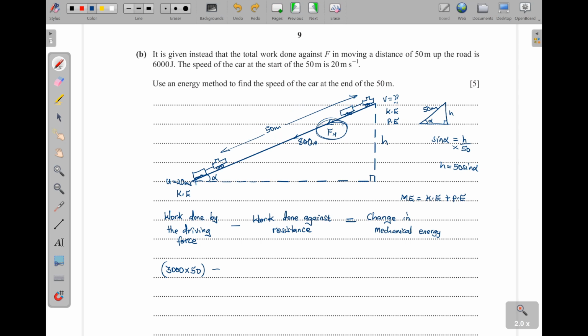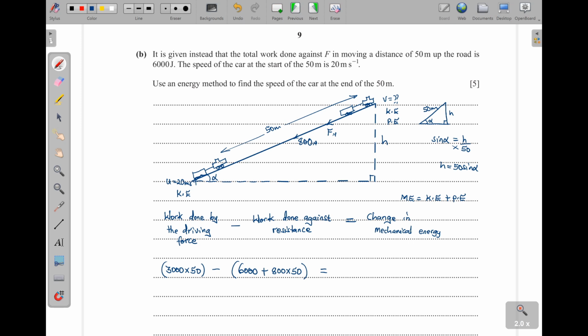So we have 6,000 here. Then plus, there is also work done against this 800. So 800, then we shall multiply it by 50. Okay? I'm not multiplying this one by 50 because it is already the work done against the F. Hope I'm clear there. Then this one is equal to the change in mechanical energy.